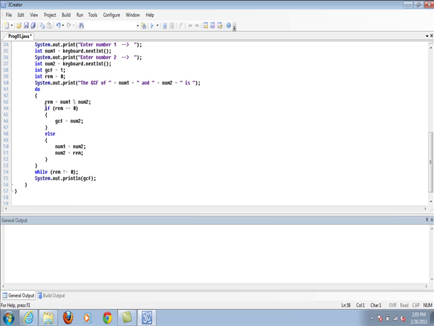Taking a look at that, it's first going to check my condition. If my remainder is equal to 0, it's going to kick out and give me my greatest common factor. However, while my remainder is not 0, it's going to come back over and set the greatest common factor to number 2, and it's going to go through there.